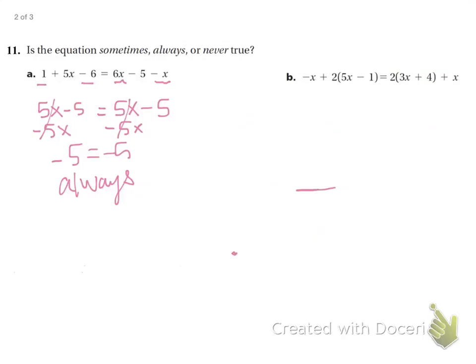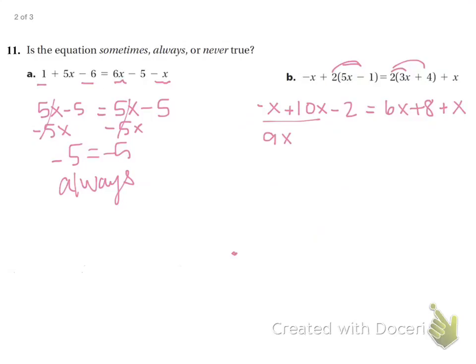My next one, I'm going to have to erase that, do some distributing first. So I need to distribute this 2 on both sides here, so it becomes negative x plus 10x minus 2 is equal to 6x plus 8. Make sure you distribute it to both terms in there, plus x. Let's combine some like terms.